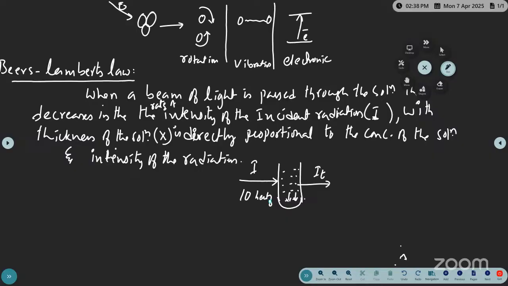If the concentration of the solution is more, the light absorbed is also more.